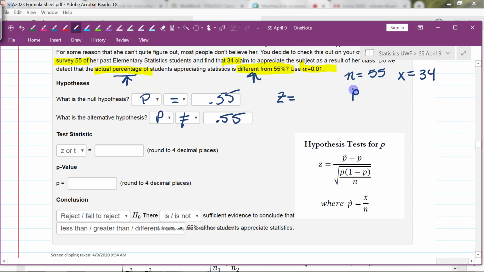So P hat is equal to the ratio of X divided by N. So P hat is equal to 34 divided by 55. So we grab our calculator and we go 34 divided by 55 is equal to.